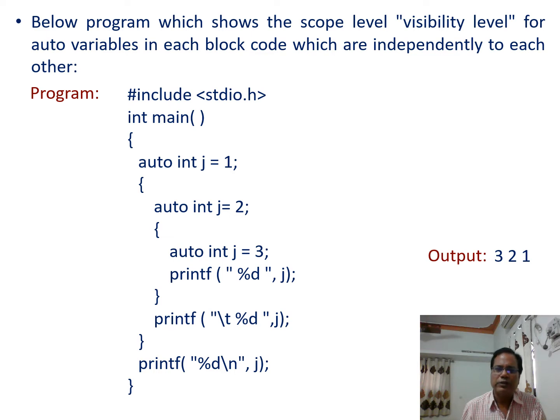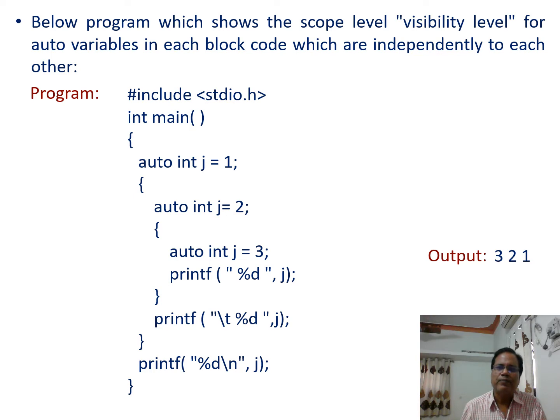So from this program we find that the value 3 is printed using the innermost block in which variable j is declared in the auto storage class. Then in the second innermost block, variable j is again declared with the same name, again in the auto storage class, so that value gets printed.